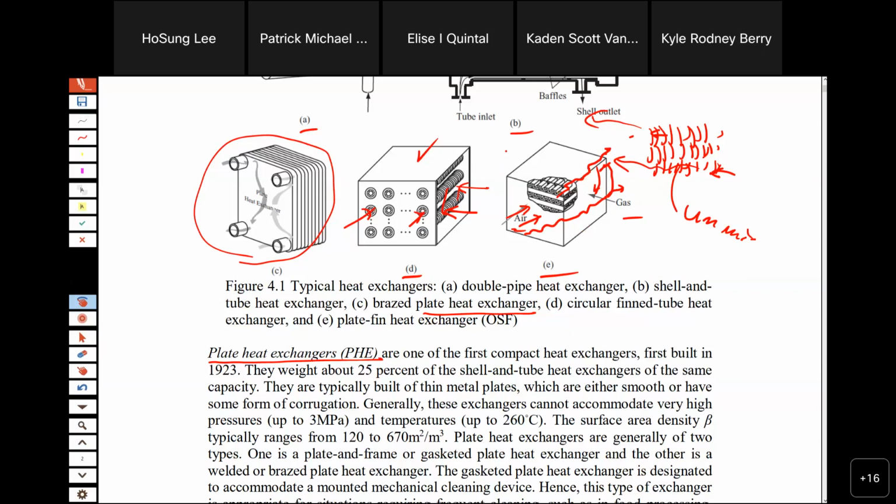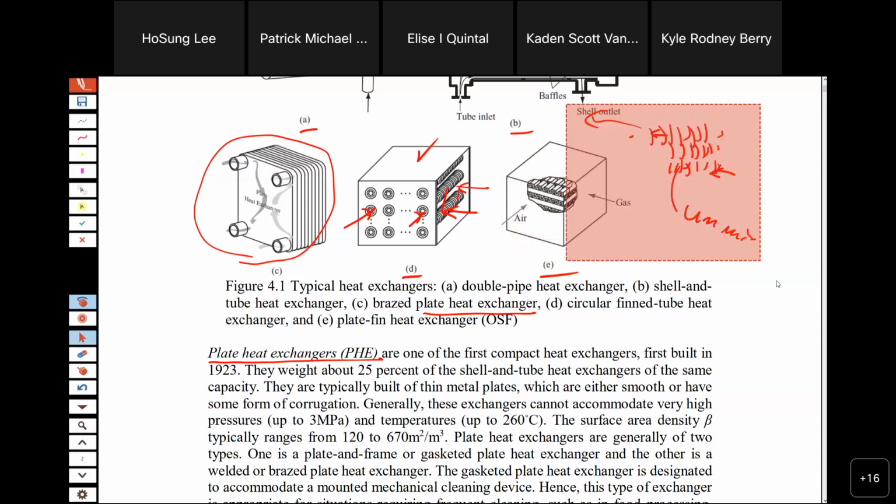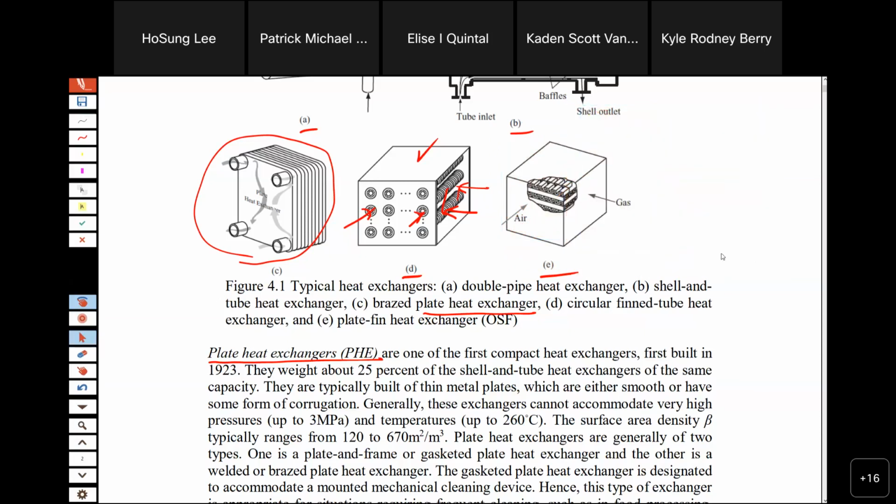Maybe you don't understand this type. Somebody answer. Mixed or unmixed? There is an offset.